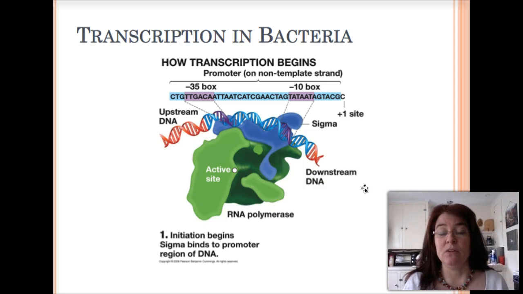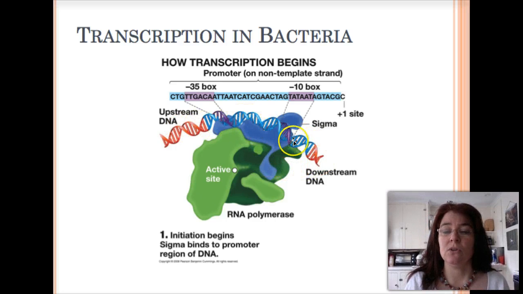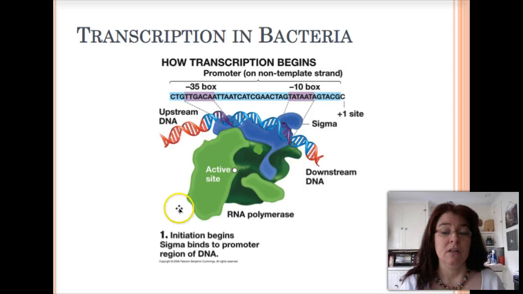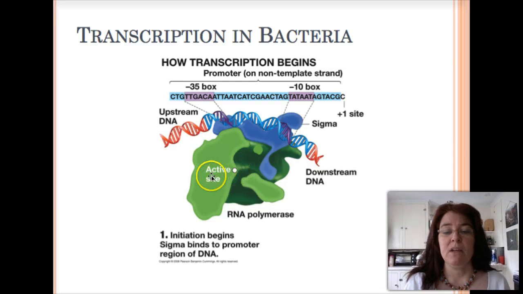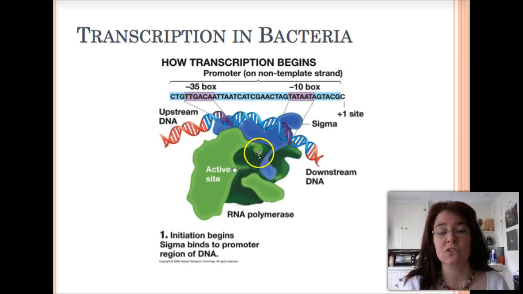And in this slide, once again, we can see a molecule of DNA. We can see the blue molecule called sigma, which is a portion or a subunit of RNA polymerase. And we can see the green molecule, which is the core. The sigma and the core have been cut in half so that we can see these tunnels or channels inside the core.